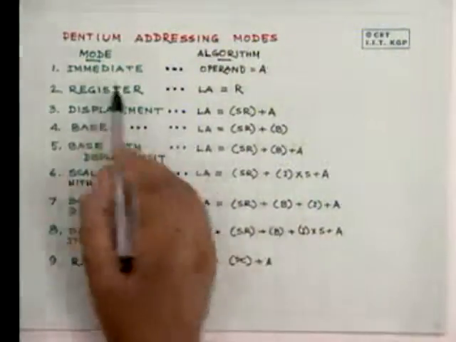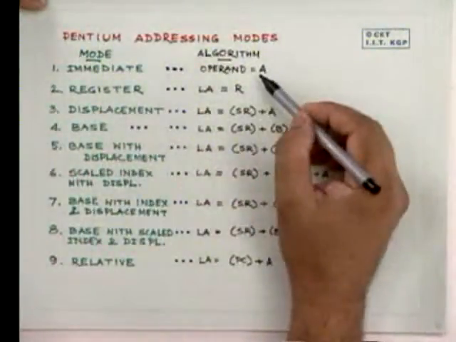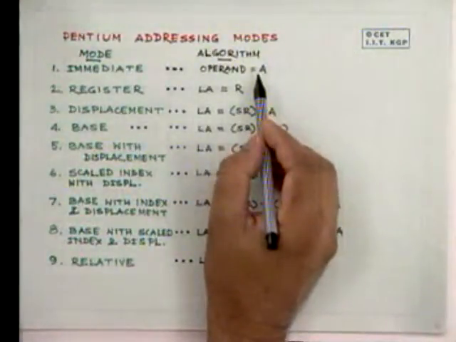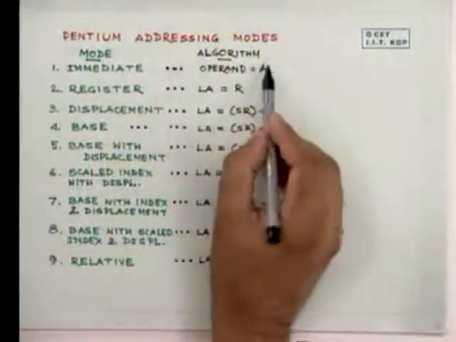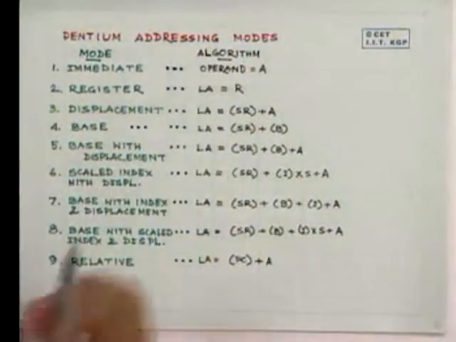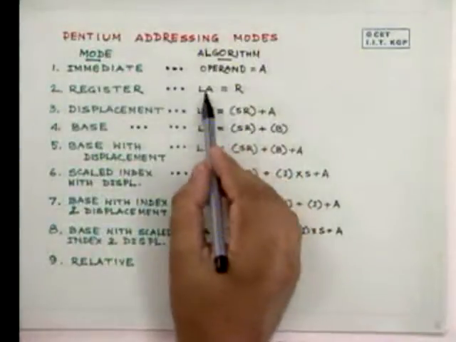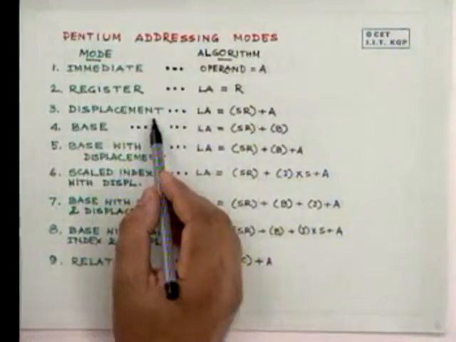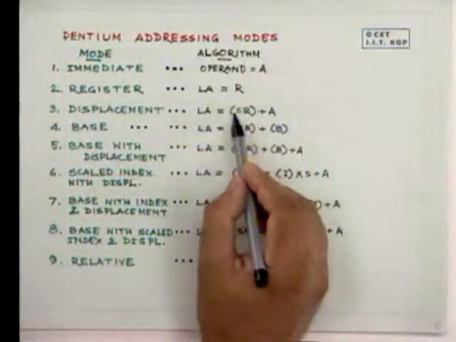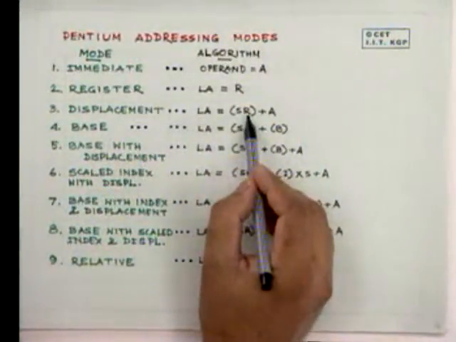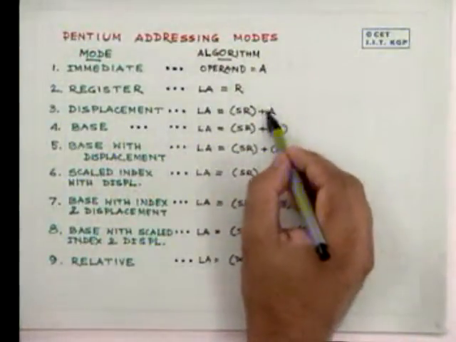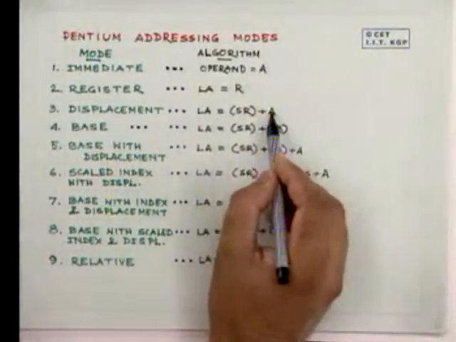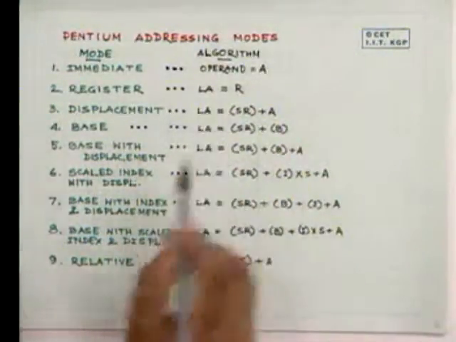We can have immediate addressing, where A is the operand, where A is specified in the instruction itself. Then register addressing, where the operand is in a register itself. Displacement addressing, which we have talked of: the content of the segment register is added to the displacement to get the linear address.